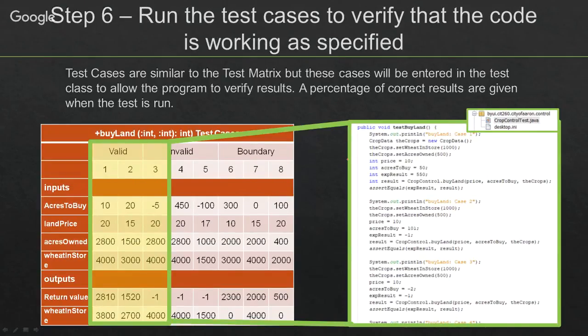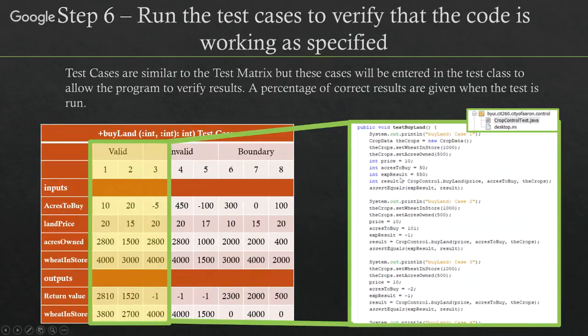So then we say the result equals crop control dot buy land. So we're calling that function. And we pass it price, acres to buy, and we pass it our instance of crop data. And then we can compare.